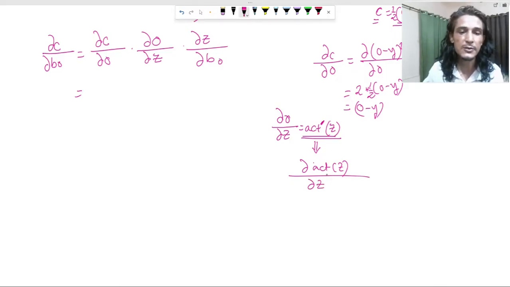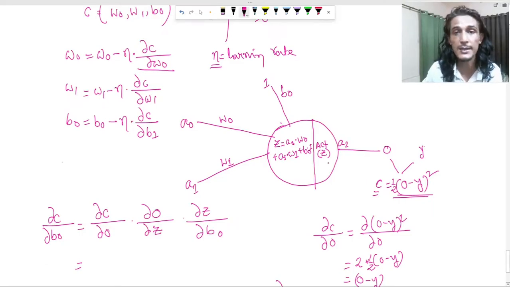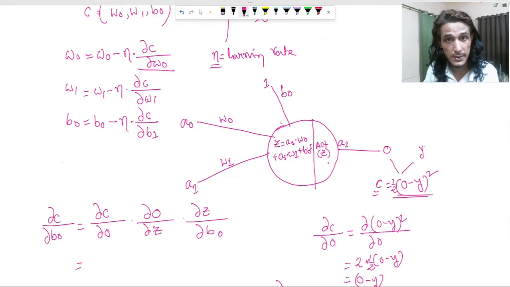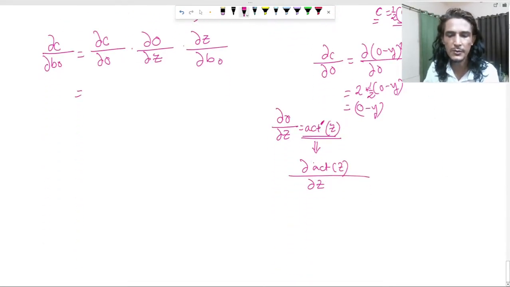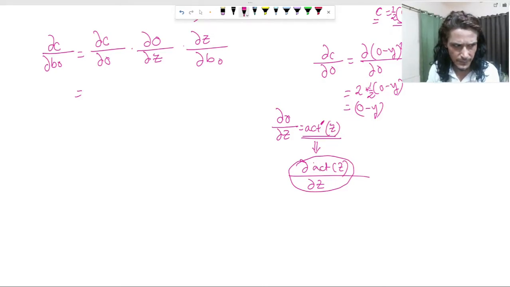And as I said, you have different candidates for these activation functions. For example, you can use a ReLU or you can use a sigmoid function. So this term will change actually. If it is a ReLU, then the expression will be different, and if it is a sigmoid function, the expression will be slightly different.